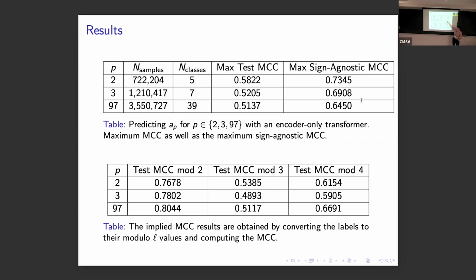Mod 3 actually does fairly comparably. Mod 4 does a little bit better, not as well as mod 2. Obviously it includes the information mod 2 in a way, but it still does better than just the original experiment.